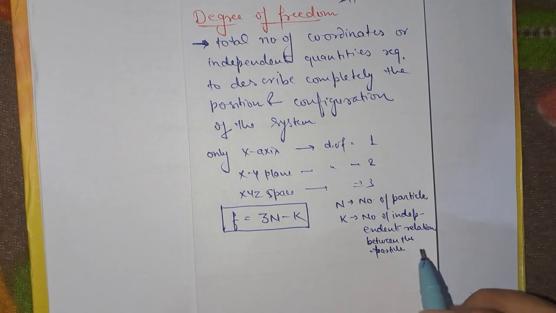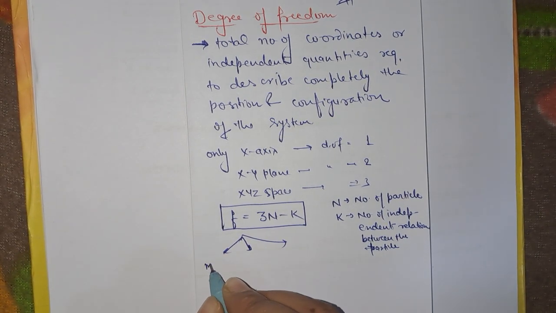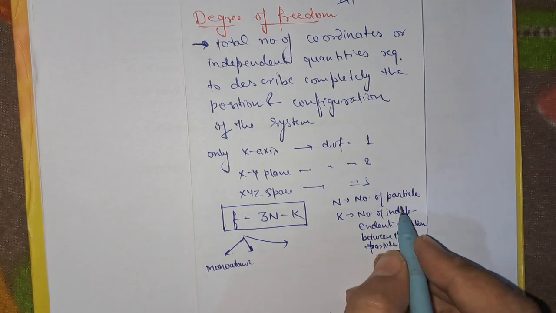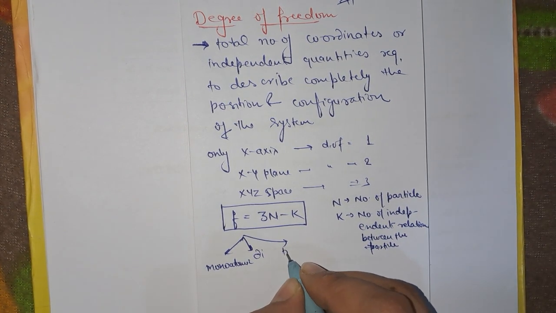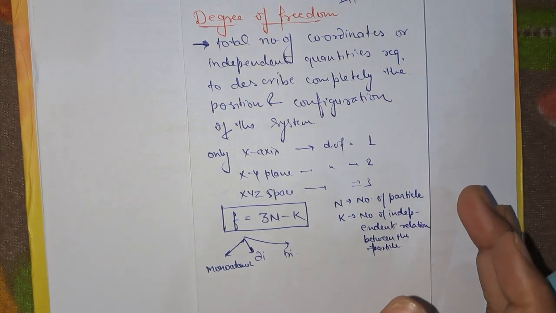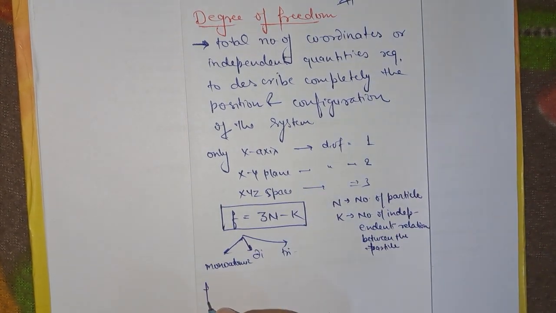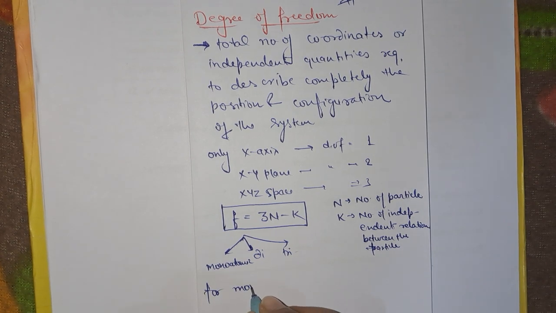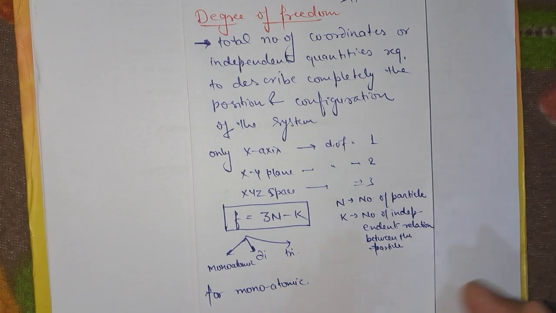So this can be understood with gases such as monatomic gas, where the number of particles n is 1, then diatomic, triatomic, and so on. Let us take monatomic first.